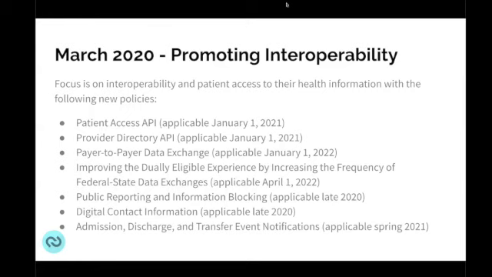In the Promoting Interoperability final rule, there are several new policies, and the highlight of the policies I've got listed: Patient Access API, which is going to kick in January 1st of 2021, the Provider Directory API, which is January 2021 as well, Payer-to-Payer Data Exchange, which doesn't kick in until 2022, and improving the duly eligible experience by increasing the frequency of the federal state data exchanges, which is also 2022.